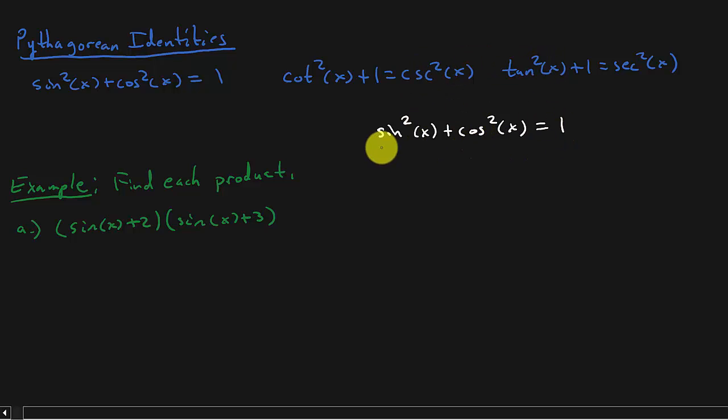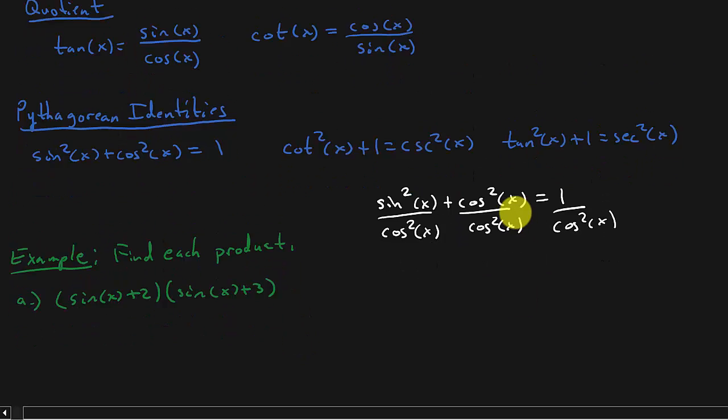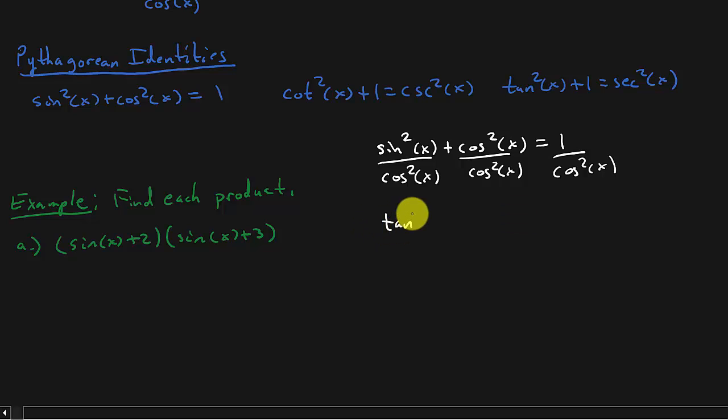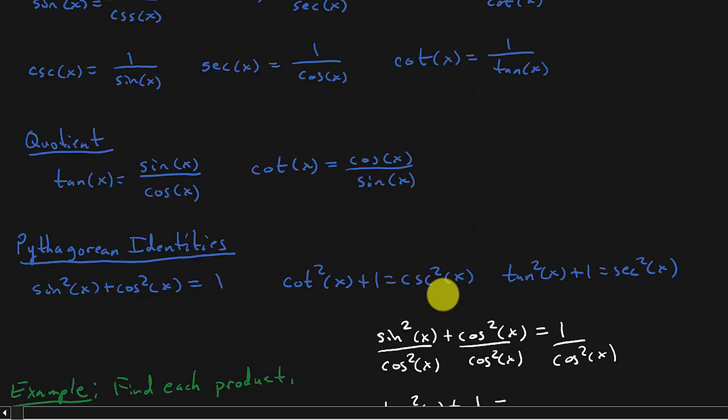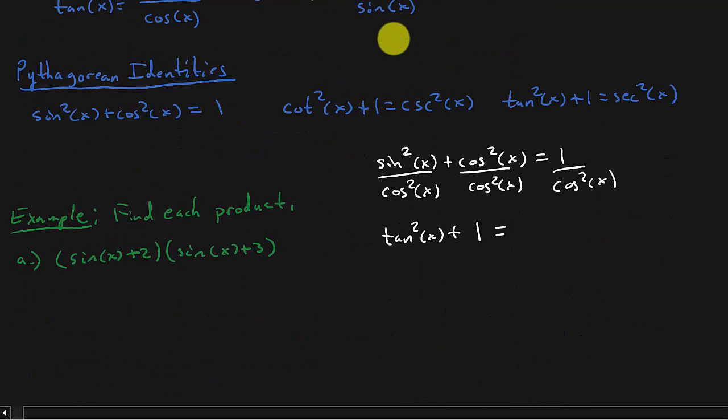If I divide everything by cosine squared, then sine squared over cosine squared, well, we know sine over cosine is tangent, so that would be tangent squared x, plus cosine squared over cosine squared, which is just 1, equals 1 over cosine squared, and we know 1 over cosine is secant, so this would be secant squared. And see, that gives you this identity.